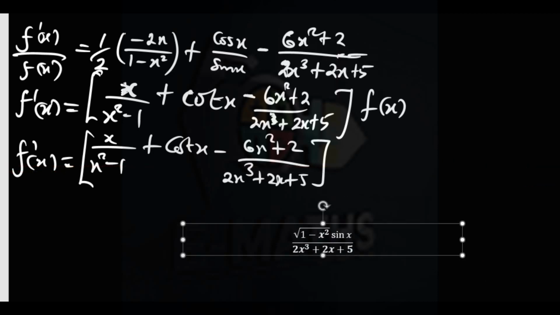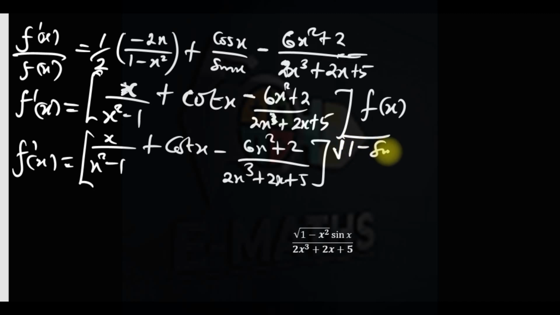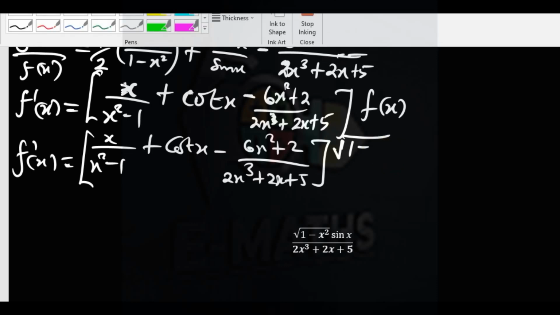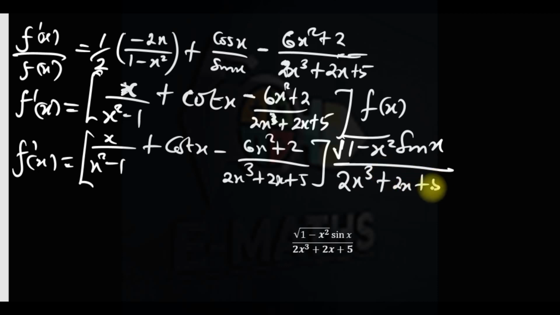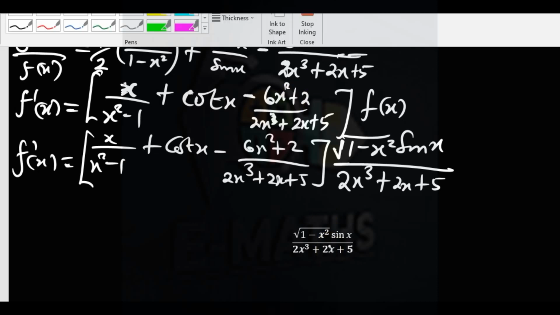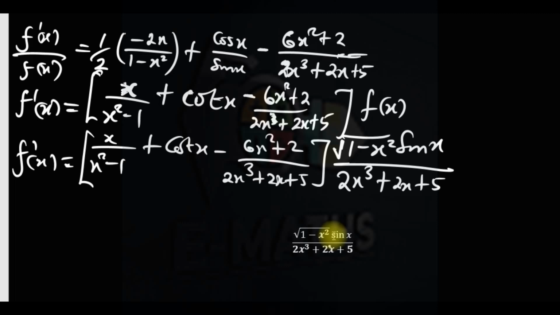So I have the square root of (1 minus x squared) sine x over (2x cubed plus 2x plus 5). So that's our answer.